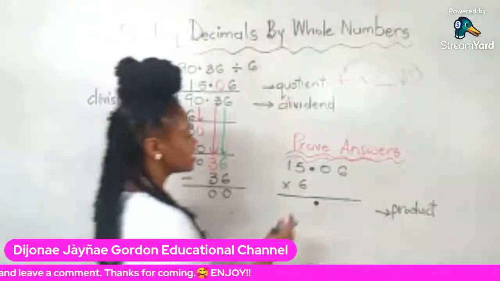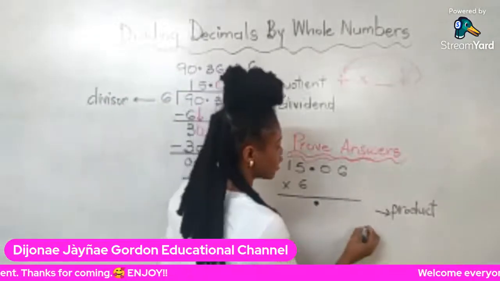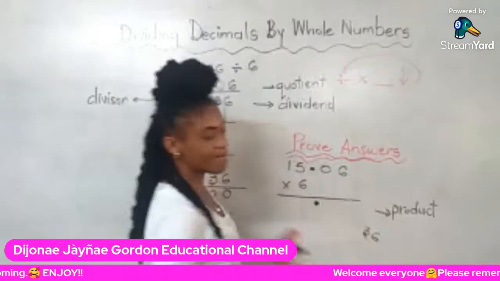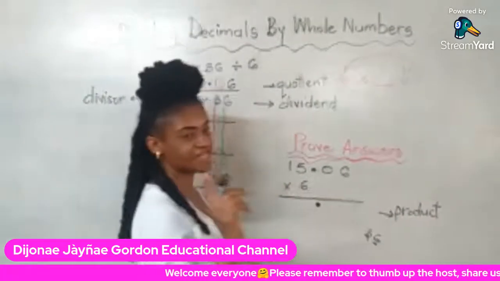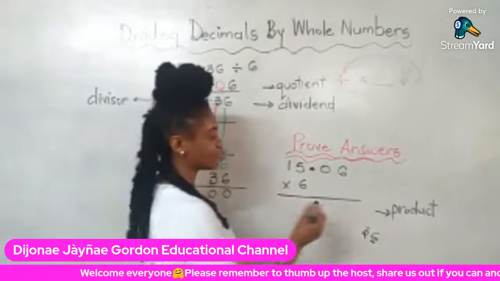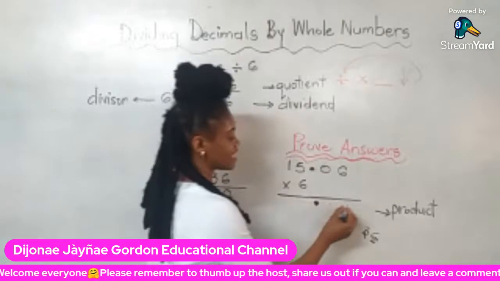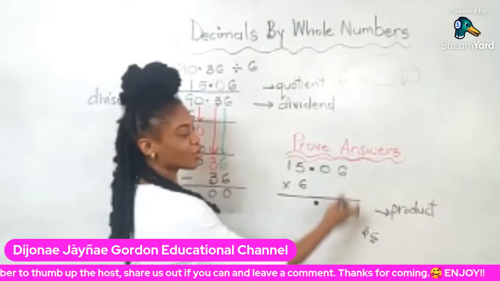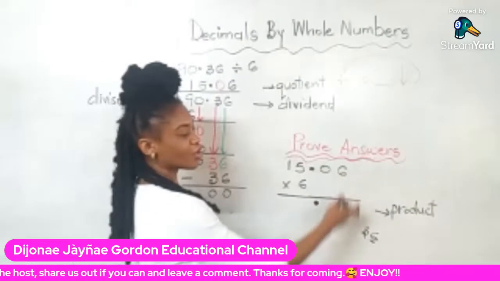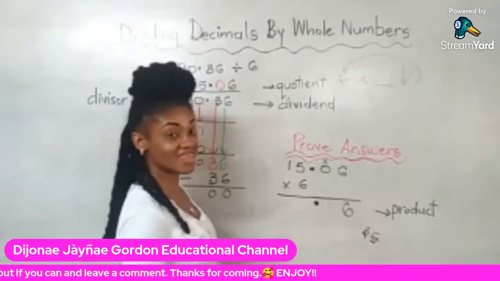All right, so 6 multiplied by 6 now is 36. Remember now, 36 is a 2-digit number. You put down one of the digits, the digit that is in the 1st place, which is 6. So I put my 6 right over in my 100th column. I'm going to carry my 3 over to my 10th column.